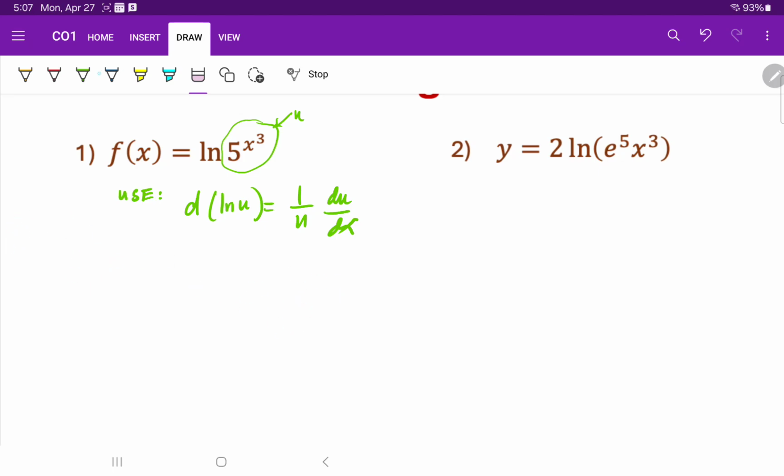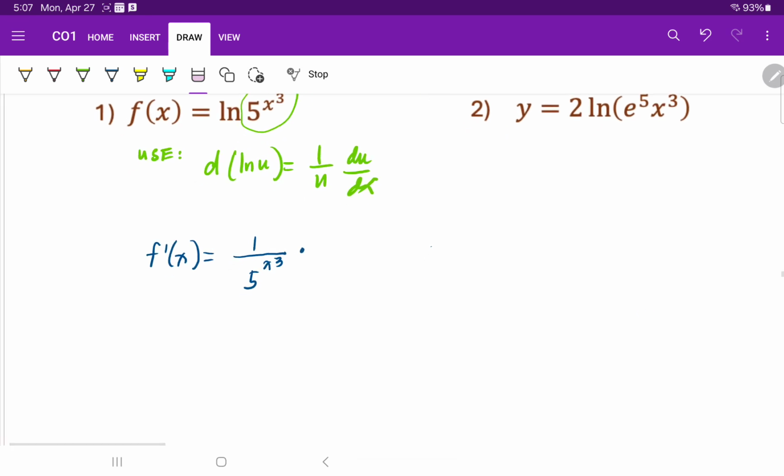Okay. Again, what is our f prime of x? We have 1 over u, which is 5 to the x cubed, times the derivative of u. So, to solve for the derivative of u, we use what? Hold on, babangga siya dito sa formula ng kabila. So, we use which one?